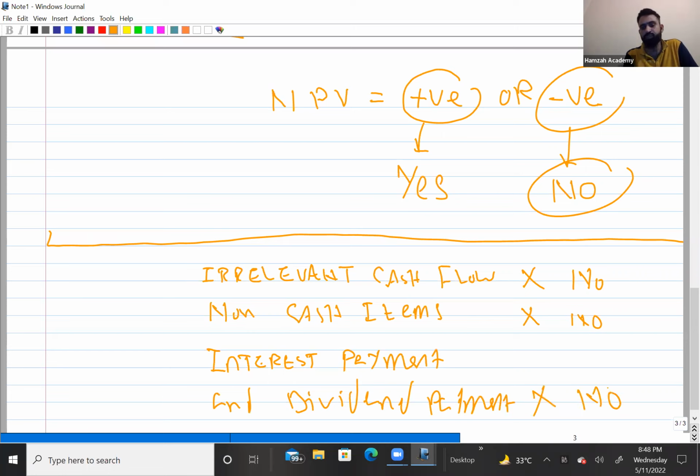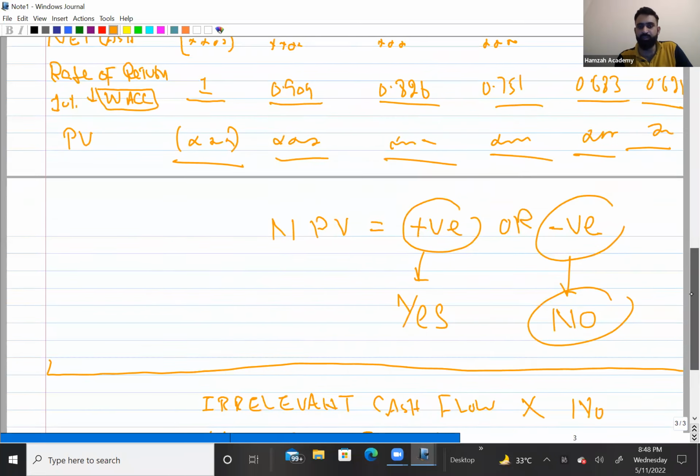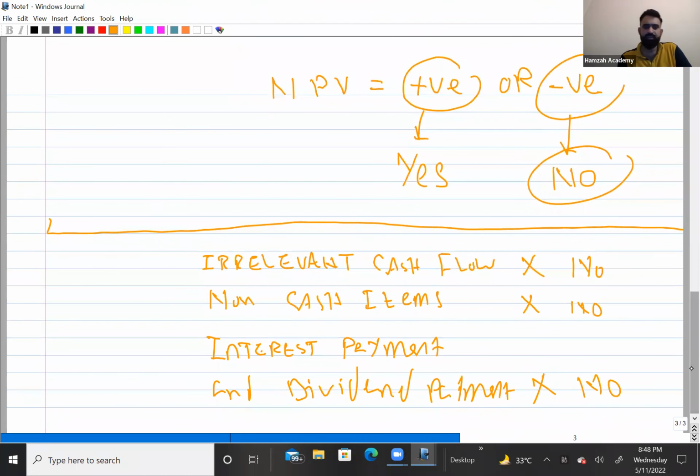We are not going to consider the interest payments and dividend payments in the net present value table. So these are the 3 items which we will not consider in the calculation of net present value. Just remember, these are very important ones.